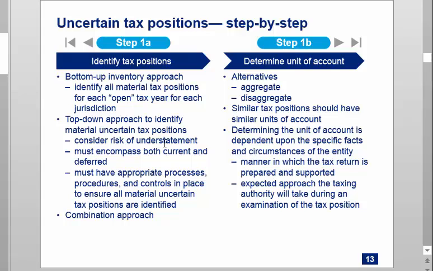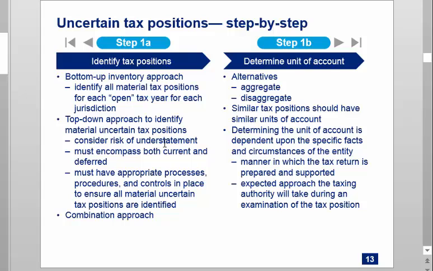The theory behind FIN 48 is you should apply all these rules on a project-by-project basis within your R&D credit. So your unit of account should be the way in which the IRS or the relevant tax authority is going to audit the issue. You can imagine applying some sort of accounting rule project by project to assess the likelihood of your winning and settlement.